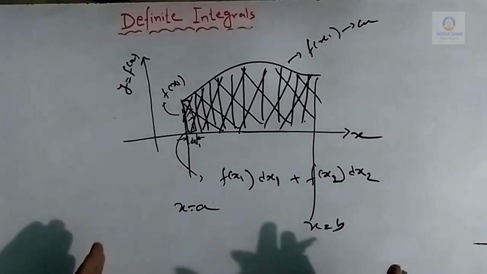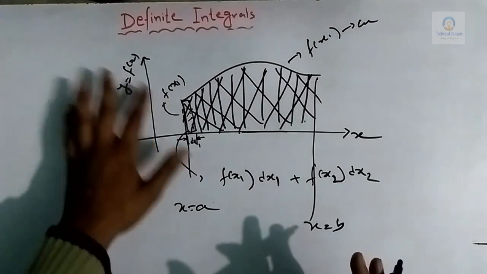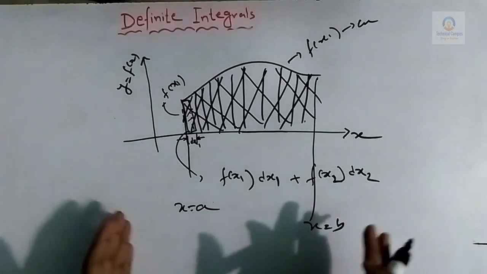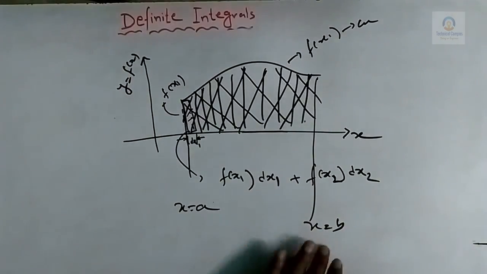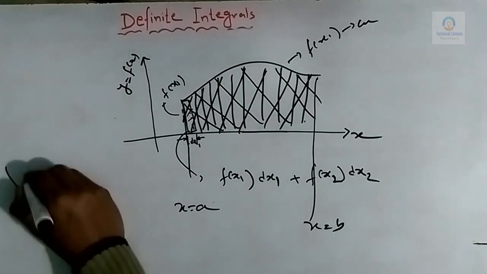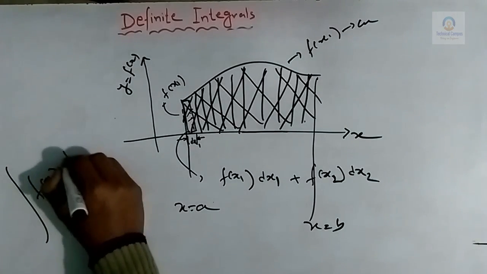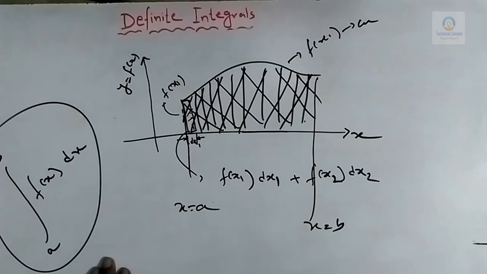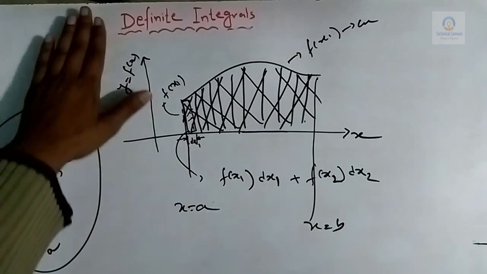So if we define the range of integration for this function f of x from x equal to a to b, then we will say we are calculating the area under this graph from x equal to a and x equal to b. So we can write the integral of f of x dx from a to b; this is the way to represent the definite integral.